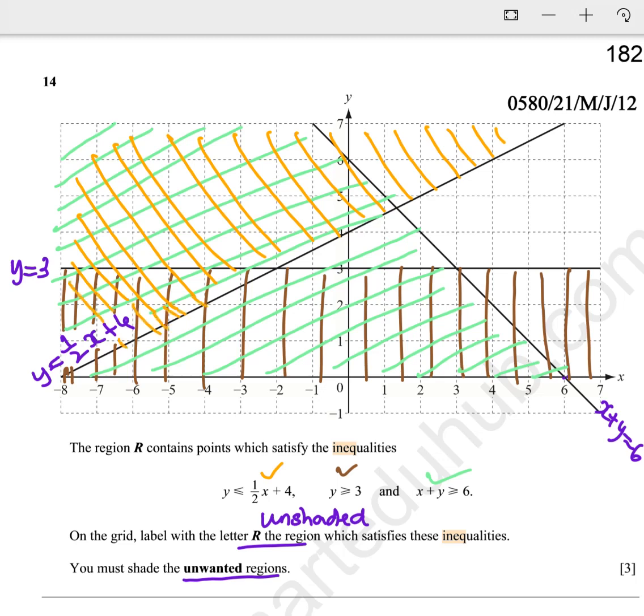So now where do I write my letter R? Well, letter R definitely will be the unshaded region. So region R defines my answer region. And this is the region which is satisfied by the inequalities. Because unwanted regions have been shaded.